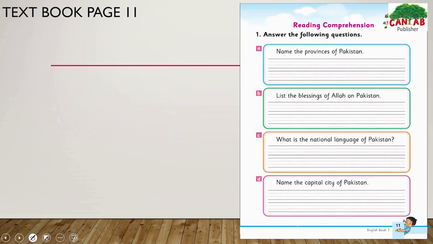Now we are going to answer these questions on page number 11. It's the same textbook, and this is your classwork which you are going to do with me now in the class here. We're going to find out the answers from the lesson and write them down here in the given spaces.